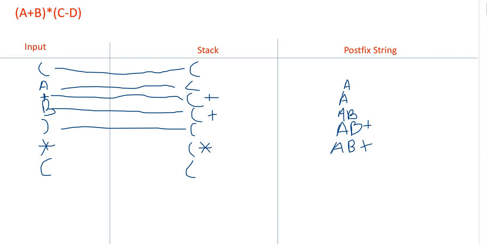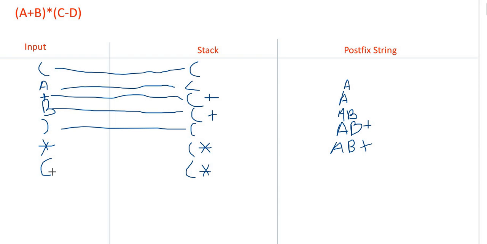Guys, for the opening and closing parentheses we have a different rule. If we have to insert a minus or plus operator that has lower precedence, then we have to pop the star out of the stack.